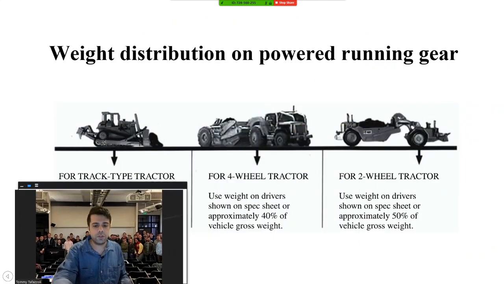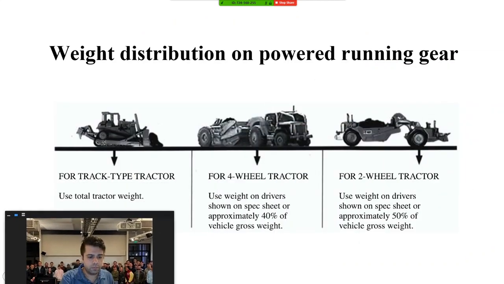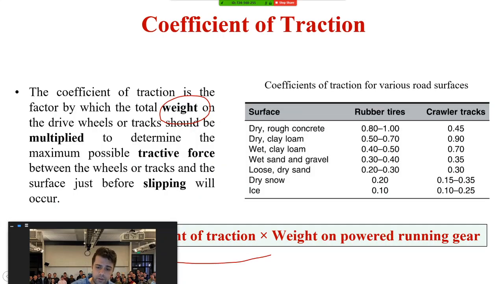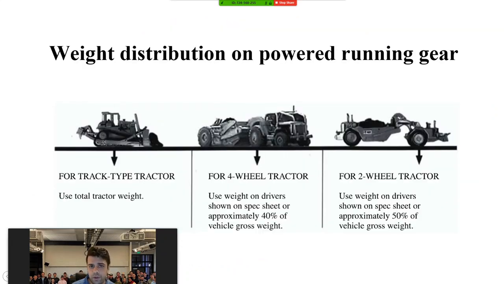Weight distribution on powered running gear. This is a picture from the book. For a track-type tractor, where there are no tires, use the total tractor weight. So we want to know, in the previous equation, what kind of weight should we use? If you're working with a tractor, then you should consider the total tractor weight.